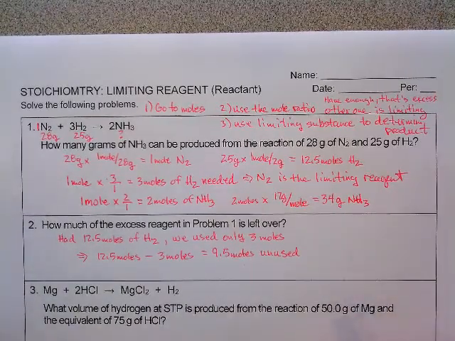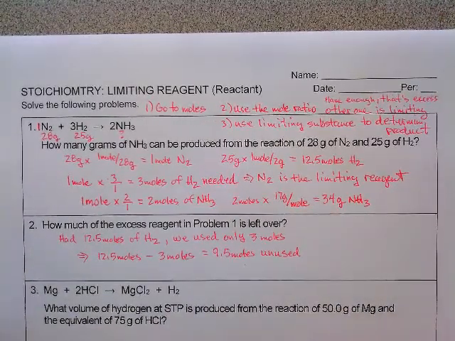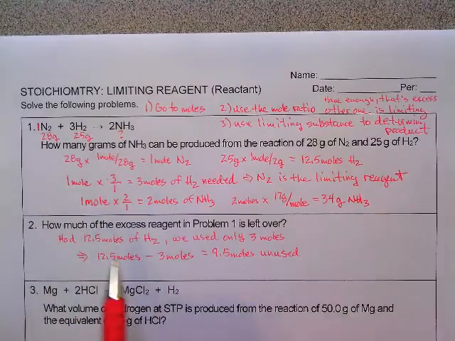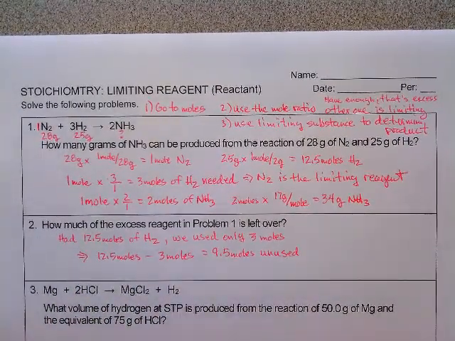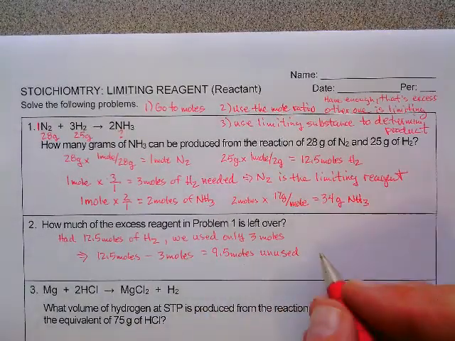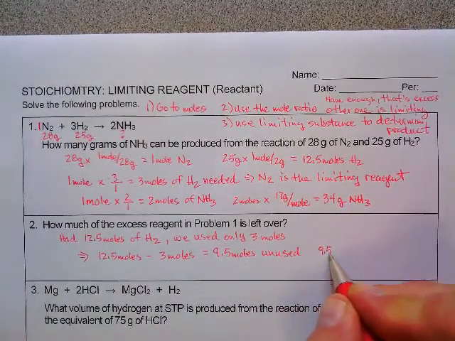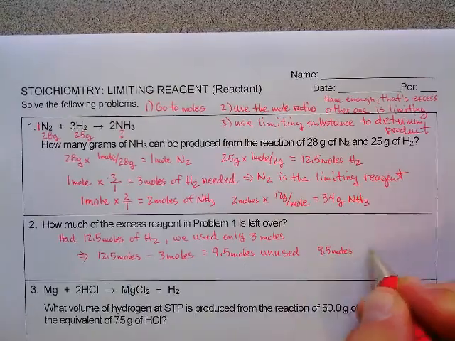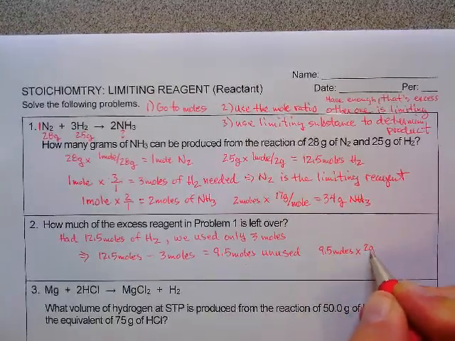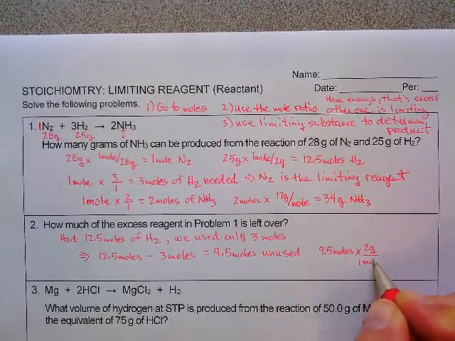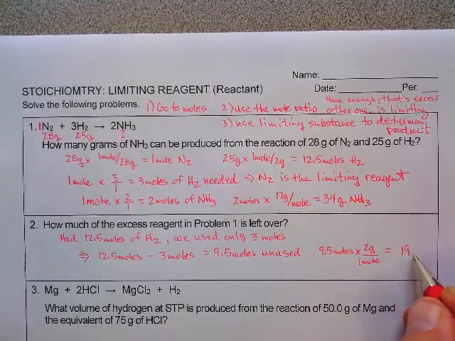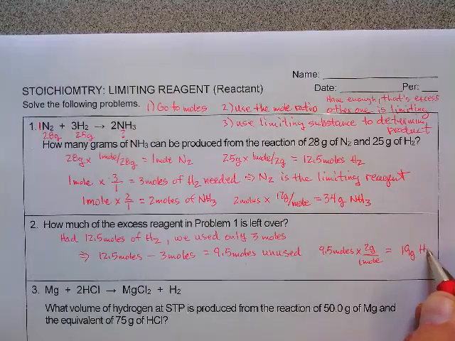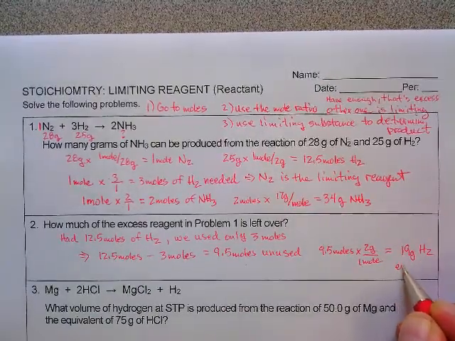And then since I want to know how much hydrogen, assume grams unless it explicitly says moles, so we've got to go back to grams. So 9.5 moles times 2 grams per mole gives me 19 grams of H2 in excess.